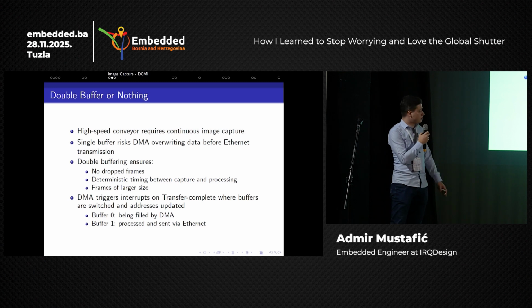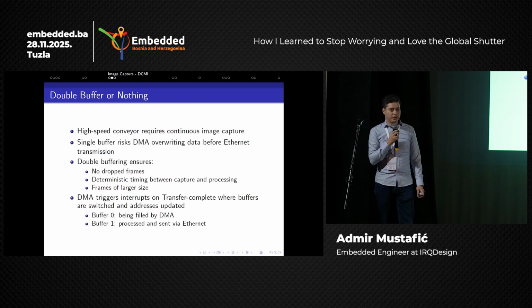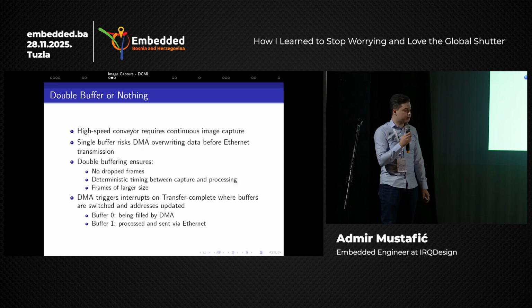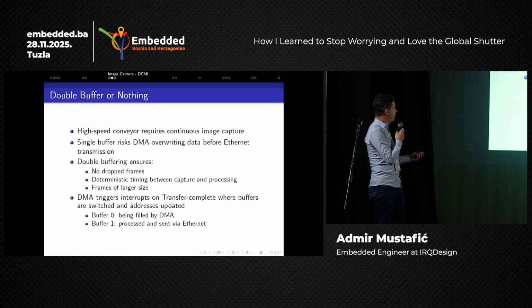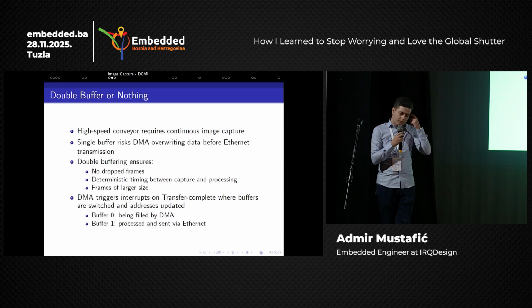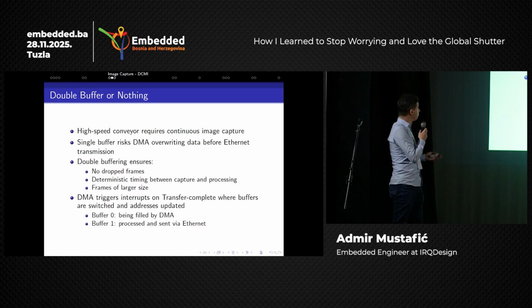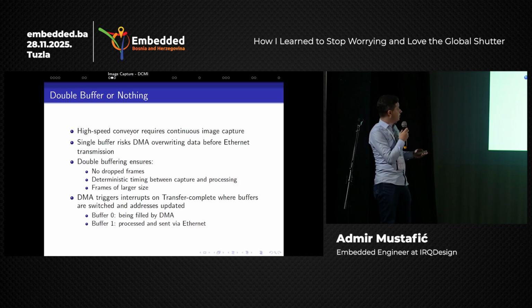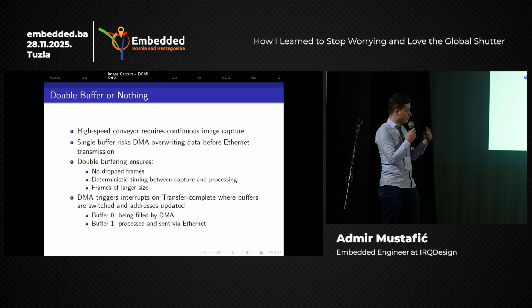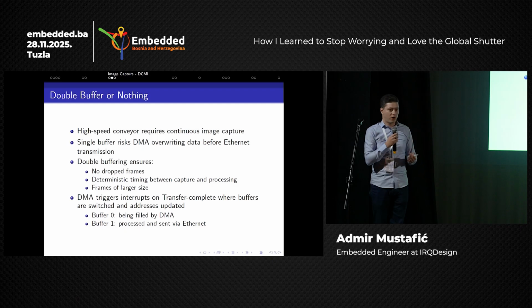The next step is to ensure proper data collection. In that regard, we use the DMA, which will pick up the data from the DCMI peripheral itself to the SDRAM buffers. For this to work efficiently, so we have the proper data capture, we need to have double buffers. Why?